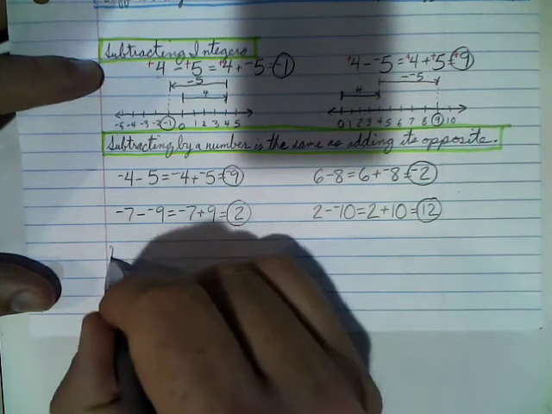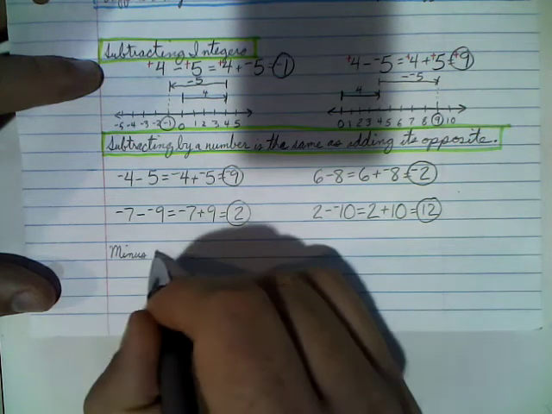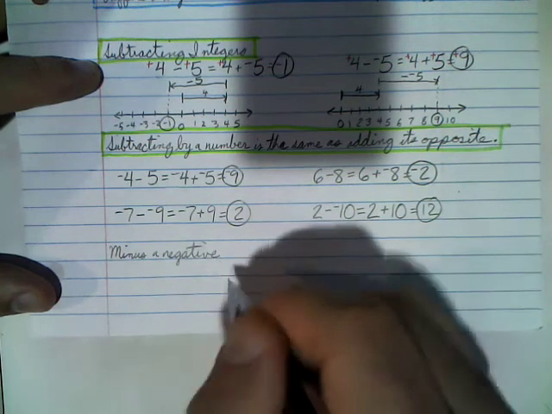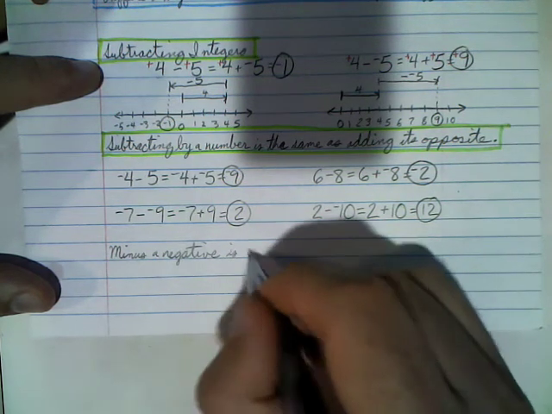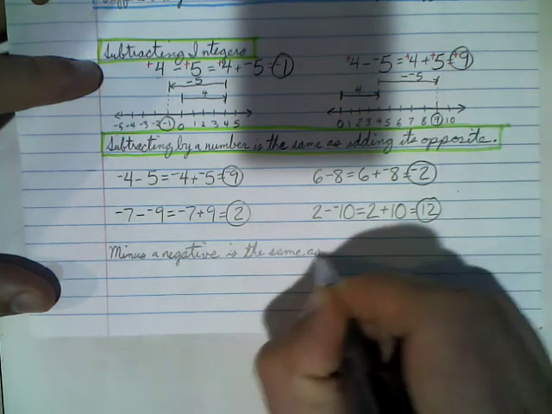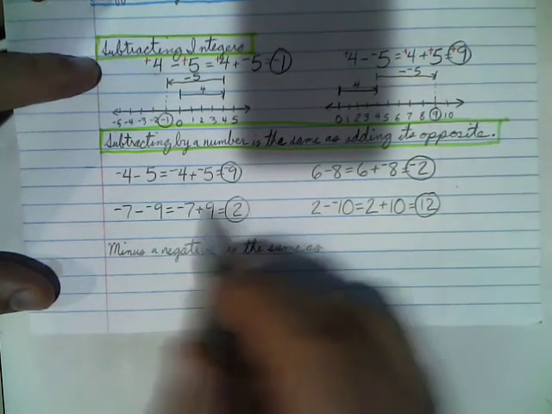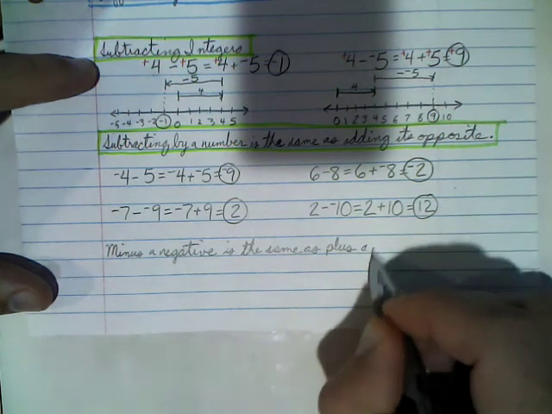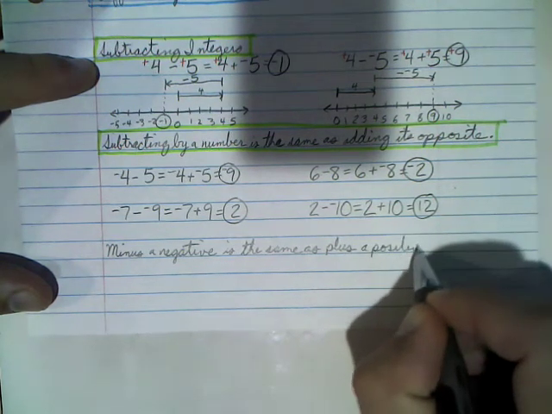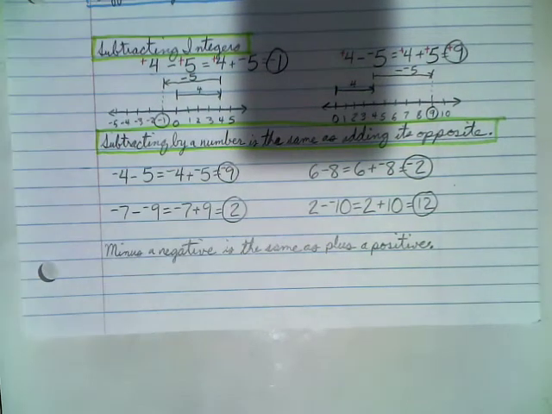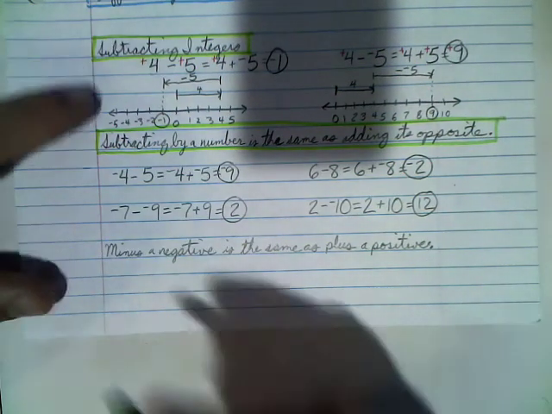And that phrase is minus a negative is the same as, well, minus a negative is saying as plus, and then that's positive 9, that's positive 10, right? So plus a positive. So if you ever see minus a negative, you want to change that into plus a positive.